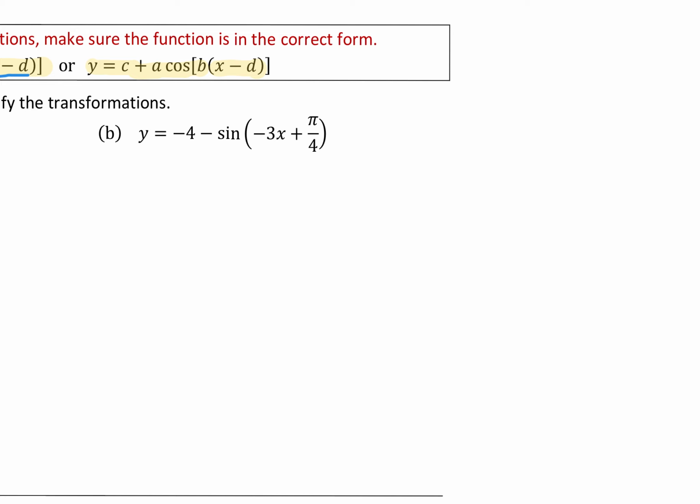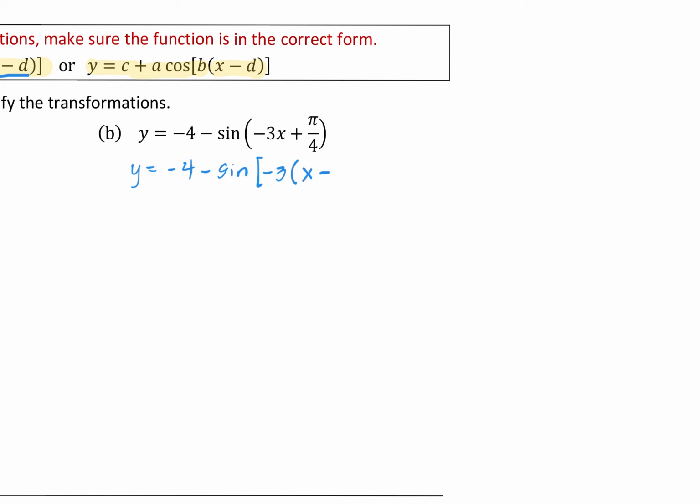The first thing I'm going to address is that negative 3 times x. I want to get rid of that. So I'm going to keep everything else the same, and I'm going to factor out the negative 3. That means I'm going to divide everything by negative 3. So the negative 3x divided by negative 3 becomes x. But notice that the plus pi over 4 now becomes a negative.